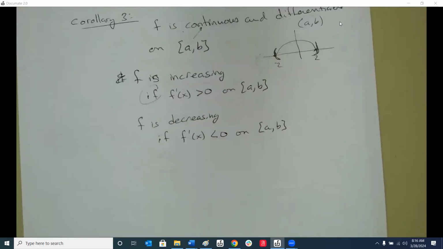Because that's corollary 3. That's going to help us now figure out where a function's vertex exists. Because if the slope is 0, we find the x value. Once we find the x value, plug in the function, we get the y value. So we have the vertex point, which is very difficult to do in algebra.